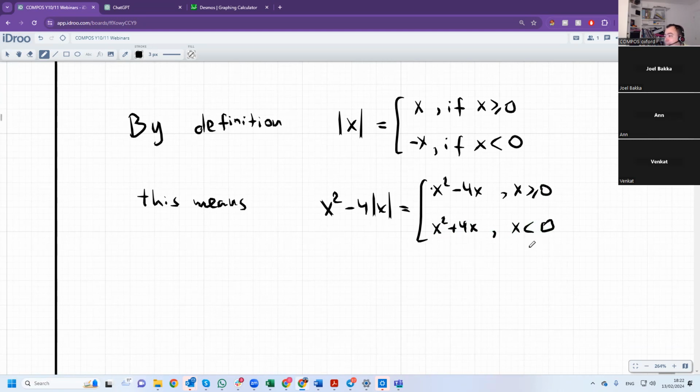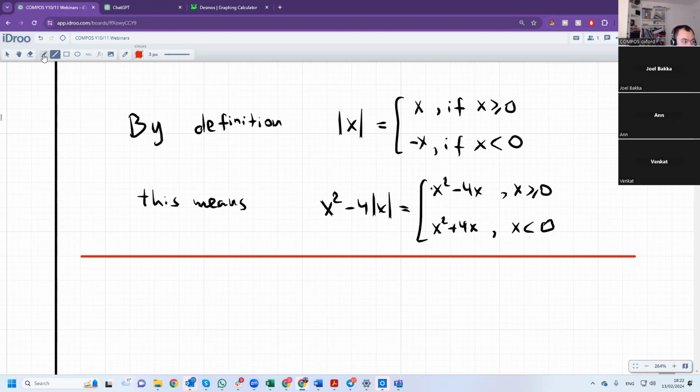Up to here, how well do you understand on a scale of 0 to 10? Up to here, don't care about the graphs. You understand now? Okay.